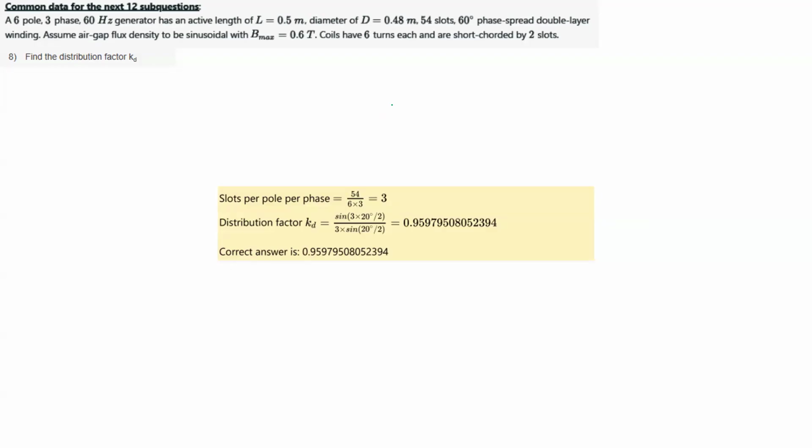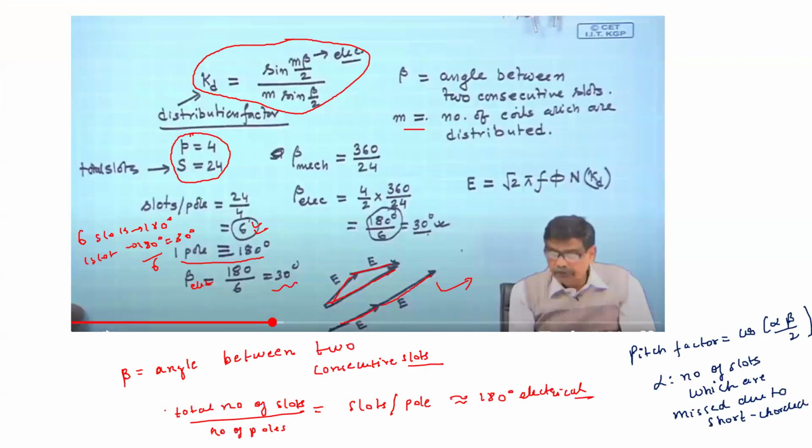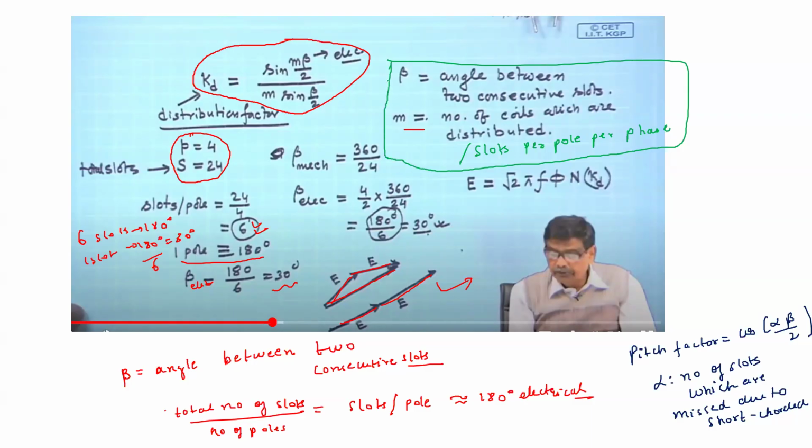So here you see there is something called M, right? In the formula which sir has discussed, this is M. M is the number of coils which are distributed, and what are the coils which are distributed? It is given by slots per pole per phase, which is also called M. Those are the things which are distributed in this fashion.